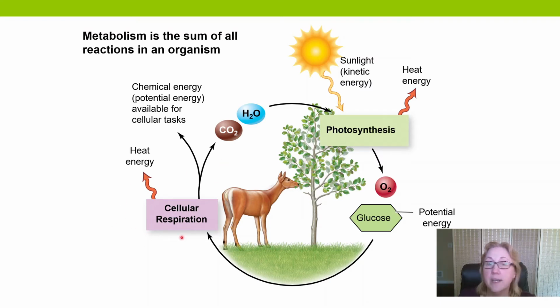Either they do only cellular respiration or they do both photosynthesis and cellular respiration. So plants do both. They have mitochondria, that's where most of our cellular respiration is occurring, and they also perform photosynthesis in their chloroplasts. So we'll talk about those two things in the next two chapters.